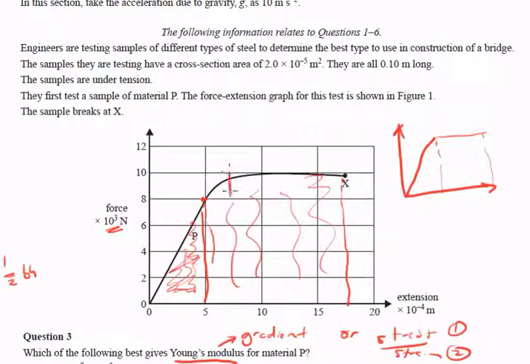So my rectangle is about here. Let's do it in another colour. My rectangle's here, and my triangle is this bit here.